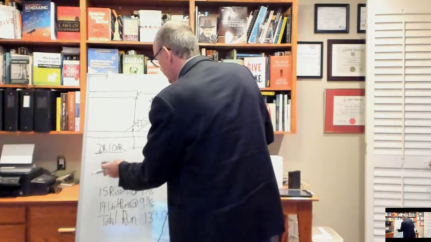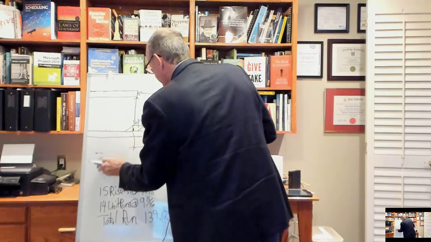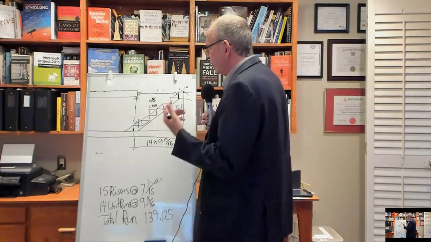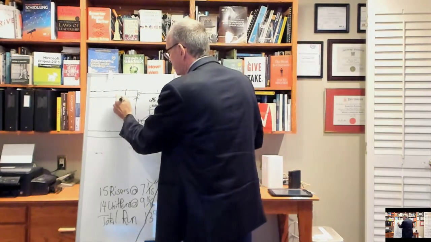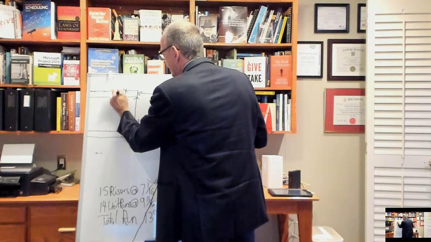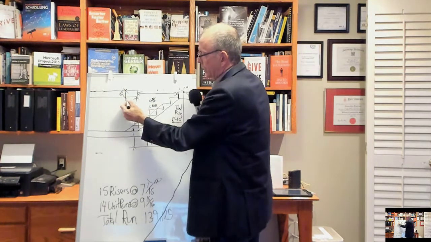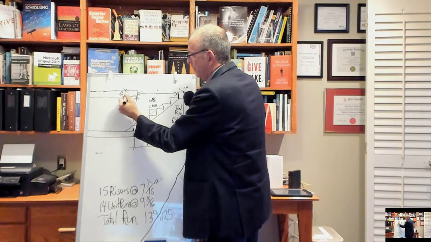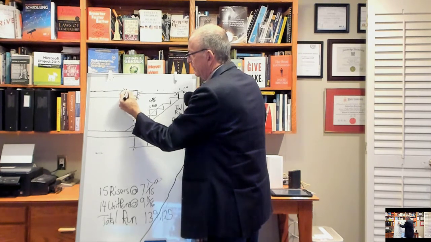So I'm going to take the relationships. What this is really is similar triangles. And there's one more bit of information we need here. I'm going to say that this is 12 inches: the thickness of my floor, and that counts my drywall, my subfloor, and my hardwood flooring.